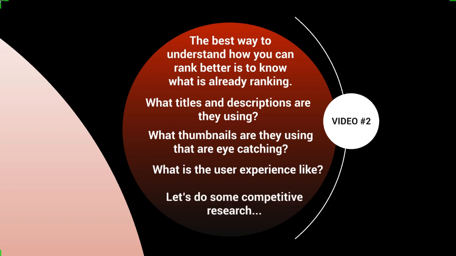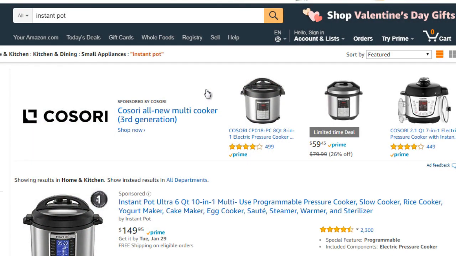So let's go ahead and do some competitive research. So for the sake of making sure that we find YouTube videos that actually relate to promoting a product, what I want to do now is just pick a product out of the blue and let's take a look at YouTube.